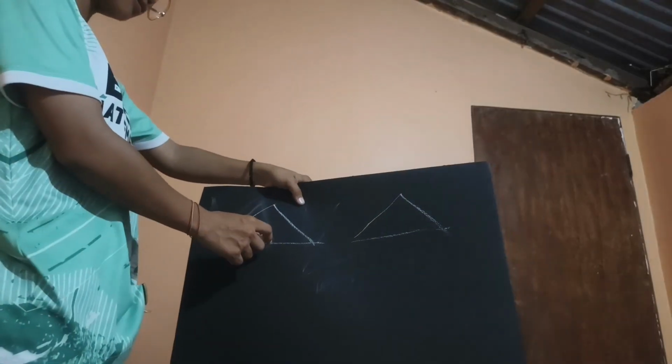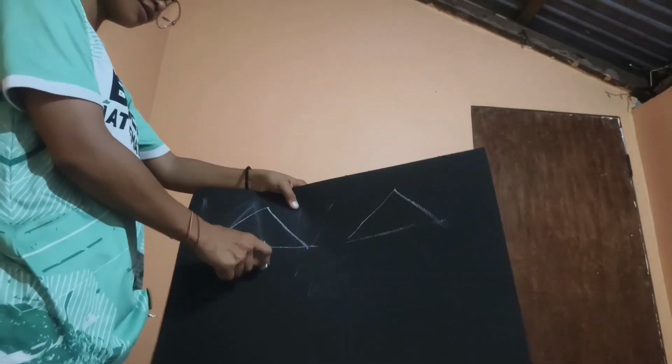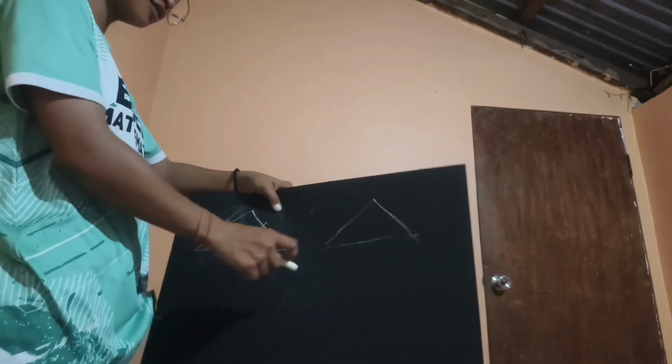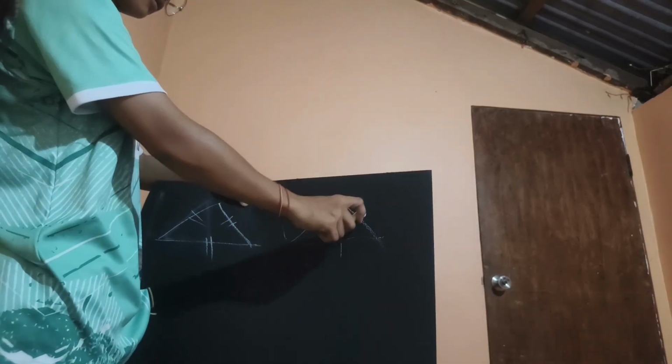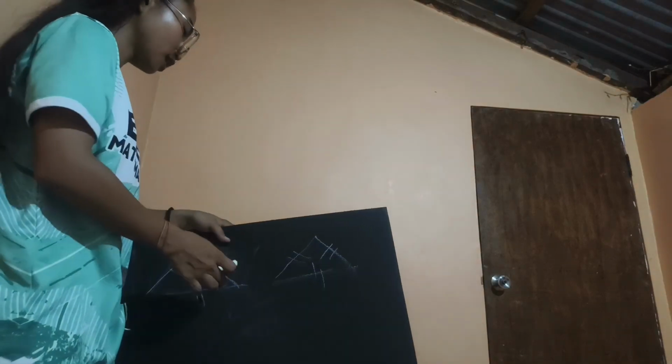In this one, they have a different size. So, side, side, side. That's what we call a side congruence.